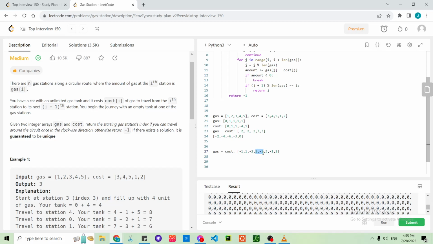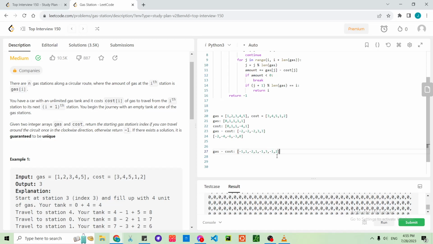Yes, we have 3, we have 2, we have 4, and then yeah, so this works. So this start index works. What about this one? That doesn't work, but this works as well. Yeah, so this is not unique.